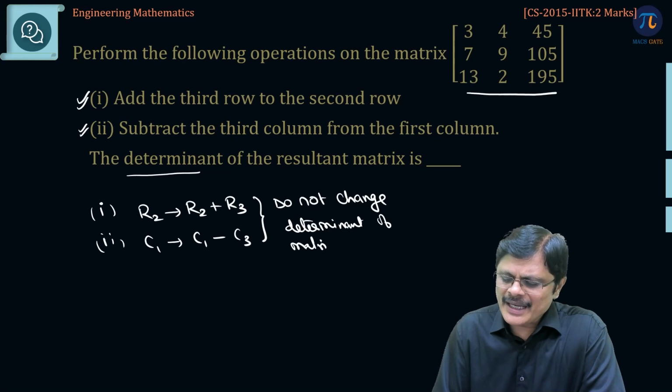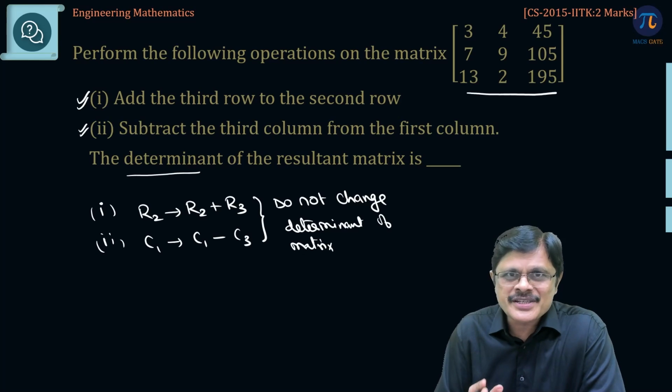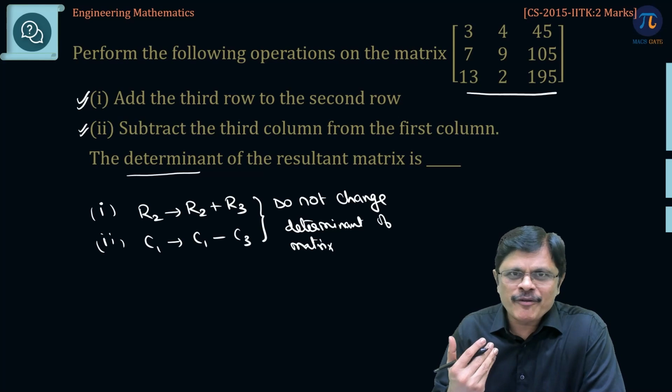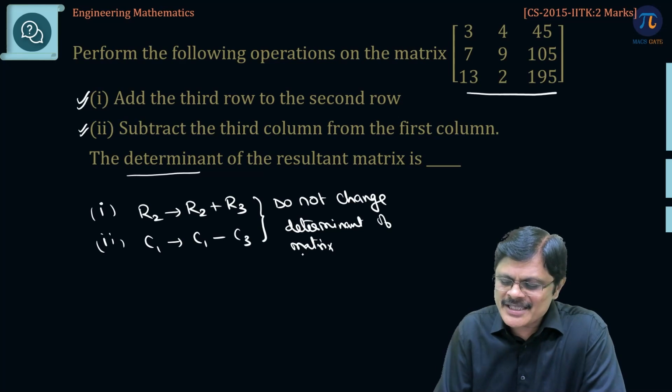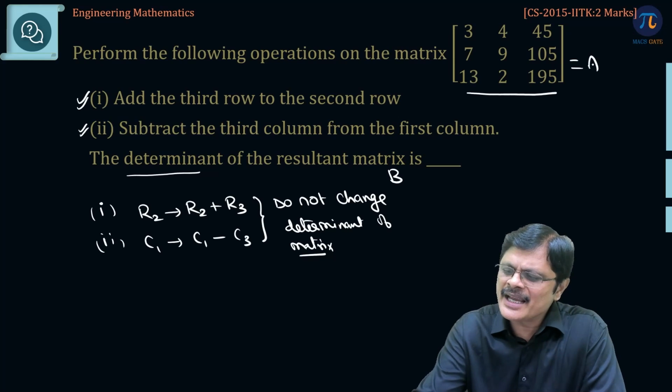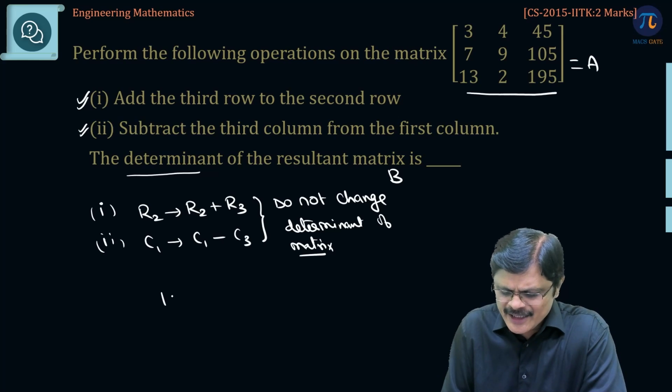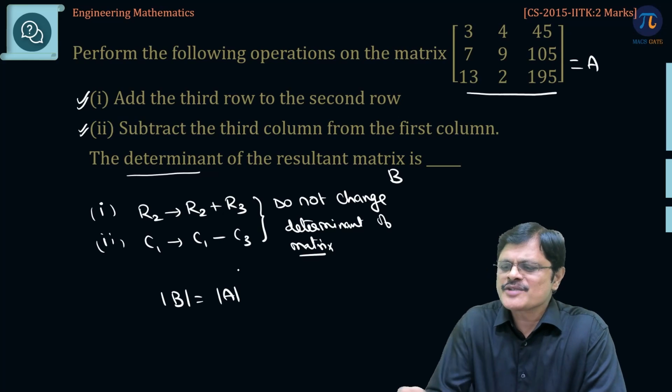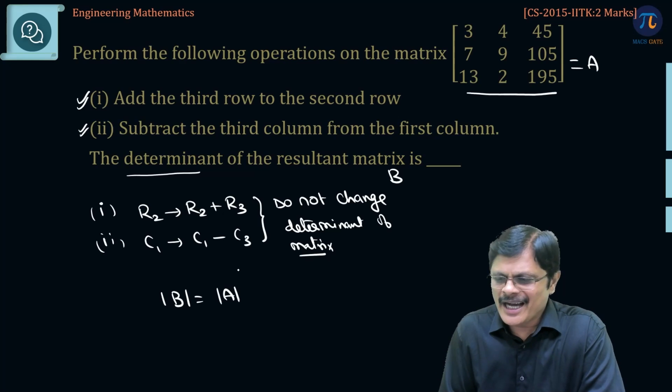See, some people directly start applying these operations, my dear friends, but try to understand what these operations are doing. Even if you perform these operations, the determinant is not going to change. So the resultant matrix, suppose it is called B and the original is called A, the determinant of B is exactly the same as determinant of A. So just find determinant of A, and you will get the answer.